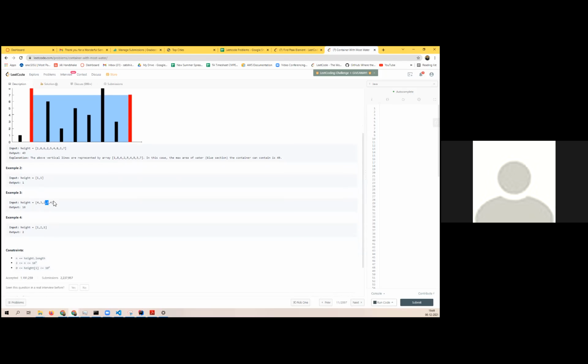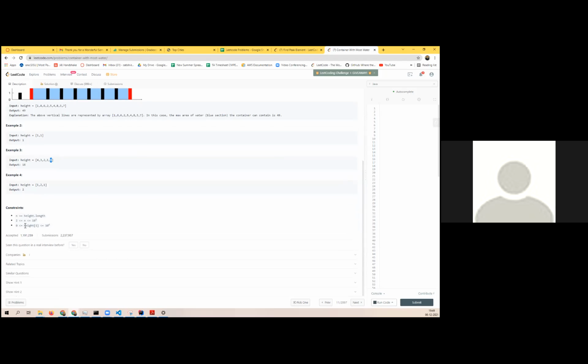In the next example, they have given 4, 3, 2, 1, 4. In this case, the left 4 and the right 4 give the maximum width, which is 4, and the height will also be 4. So 4 times 4, I guess, yeah, 16. Yeah, that's the correct answer.